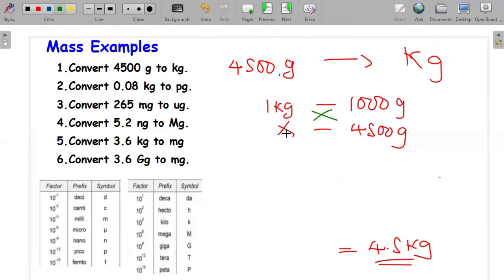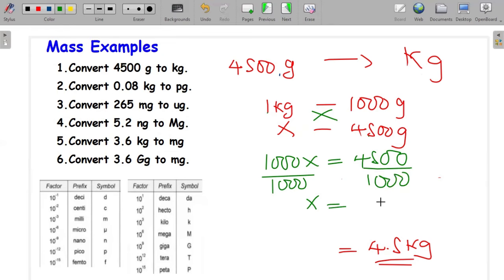So 1,000 and this x, it gives me 1,000 x is equal to 1 by this, it gives me the same number. And then I divide by 1,000, divide by 1,000. Okay, x is equal to, here I cancel 0, cancel 0, cancel 0, cancel 0. And then 45 divided by 10, I get my 4.5 kilograms.